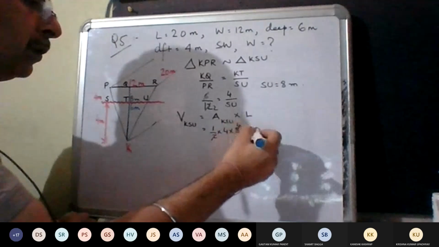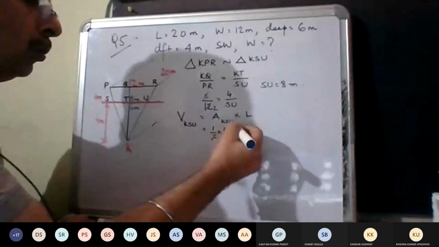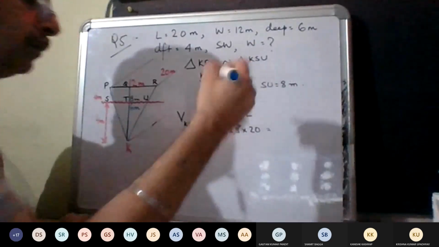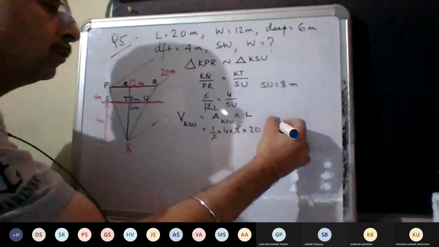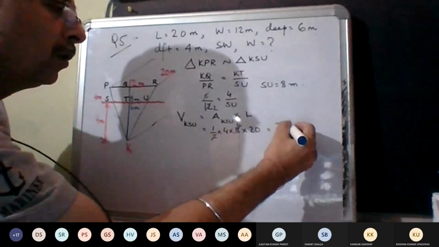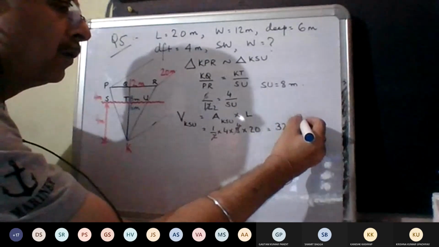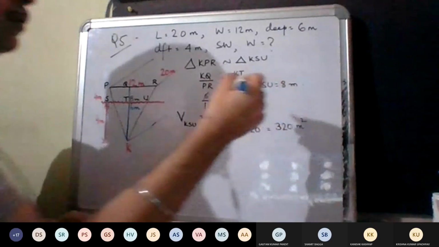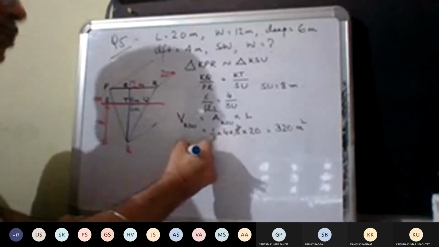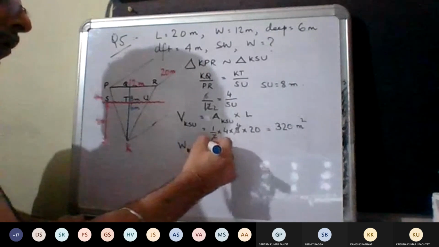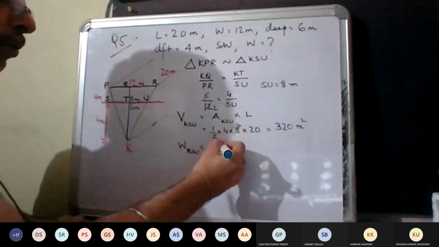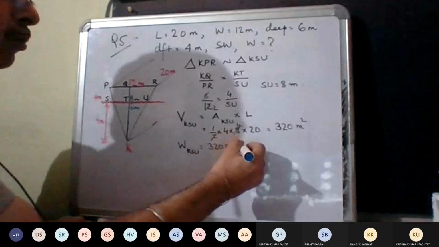So how much does this come to? 320. So now can you tell me the displacement for KSU? That is the volume into density.